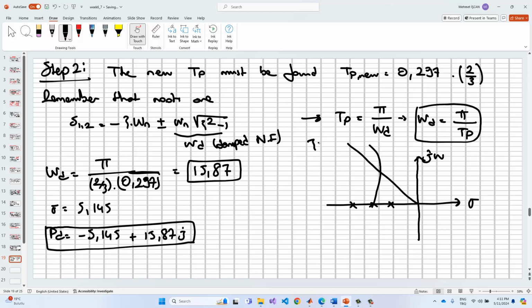This is the line of the zeta 0.456, and so we have the points in here, the k 121.5 and minus 5.145 plus j 10.57 is the previous pole in here, just like this one.